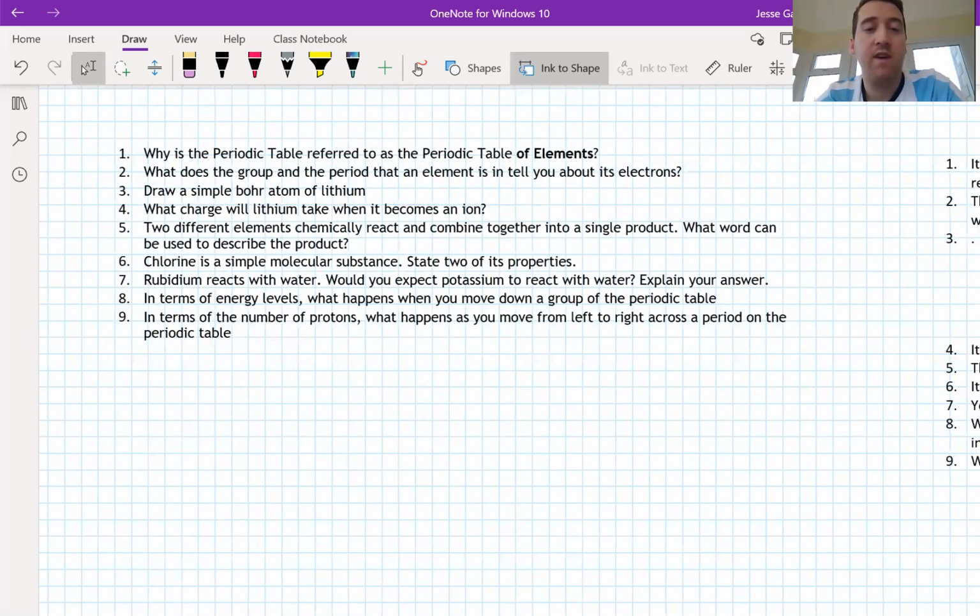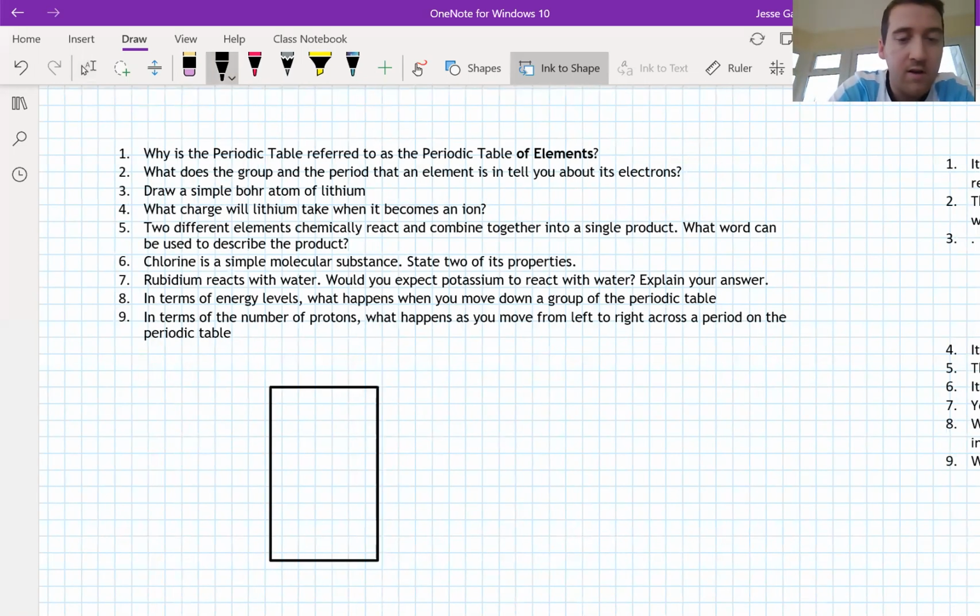Number 8, in terms of energy levels, what happens when you move down a group in the periodic table? So in terms of energy levels, if we just very quickly take, for example, group 1. Group 1 has lithium, sodium, and potassium.